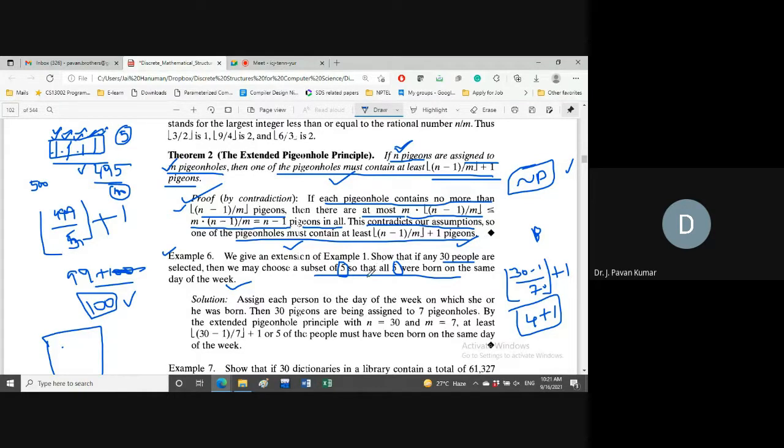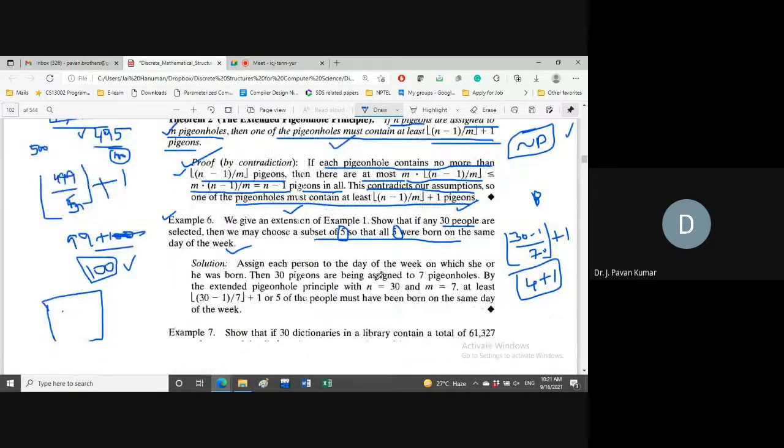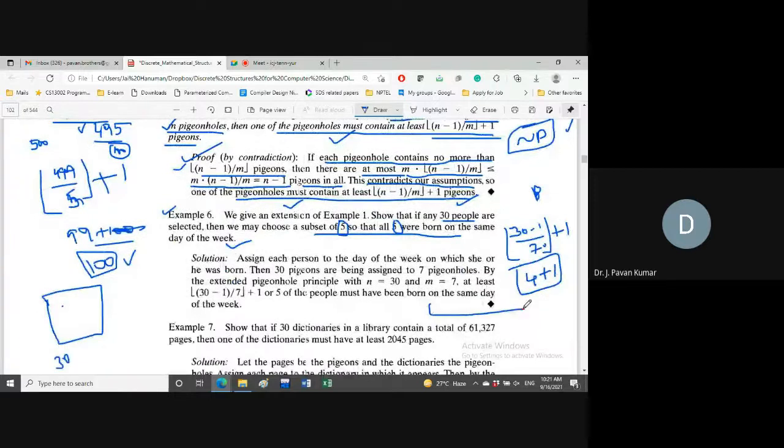See, the example we are considering here, we are converting into the pigeonhole principle. What are the pigeons? The days of the week will be the pigeonholes, sorry, and people will be pigeons. If one person was born on Sunday, we place them into the Sunday pigeonhole.